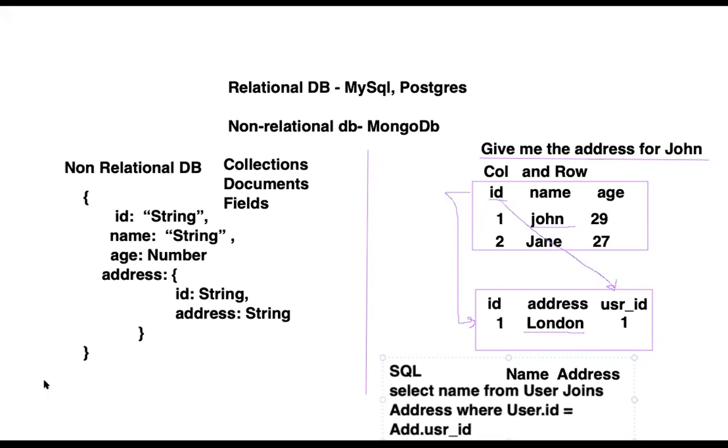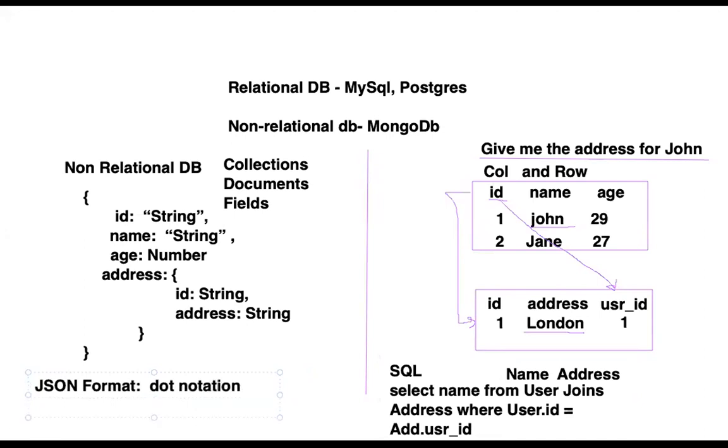When we talk about MongoDB, we will have these fields as, let's say, हम लोग को एक JSON format में data आता है. So JSON format का data होता है ये, and this is becoming very popular nowadays. Now since this is a JSON format, we will be using a dot notation.